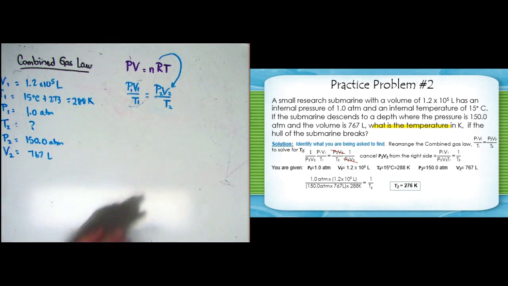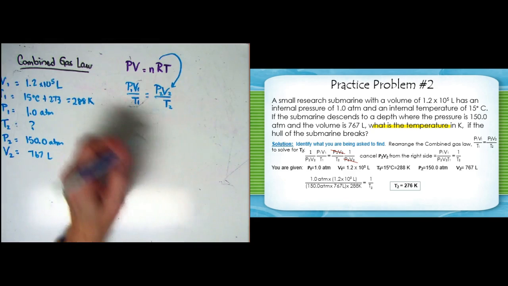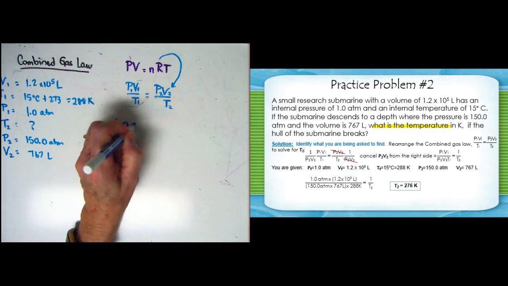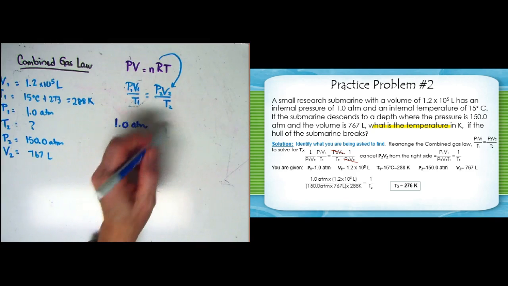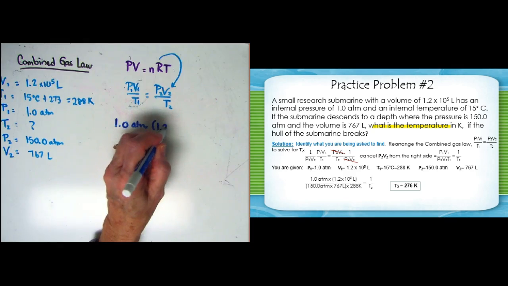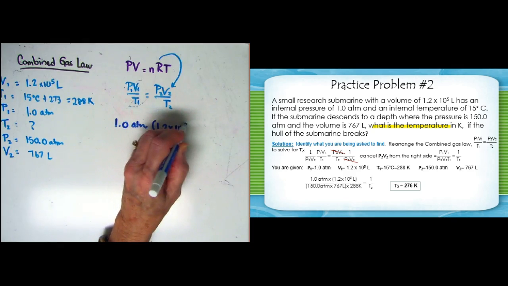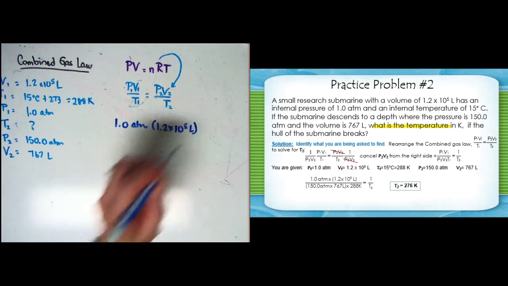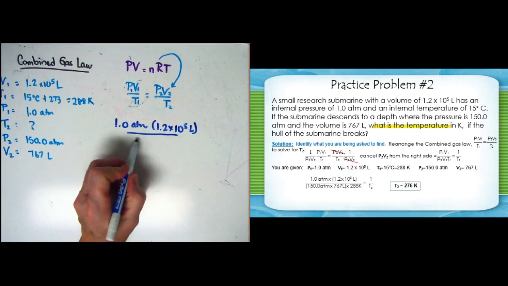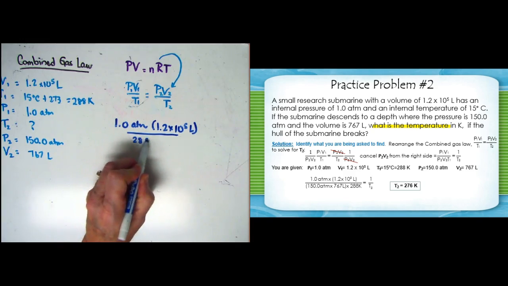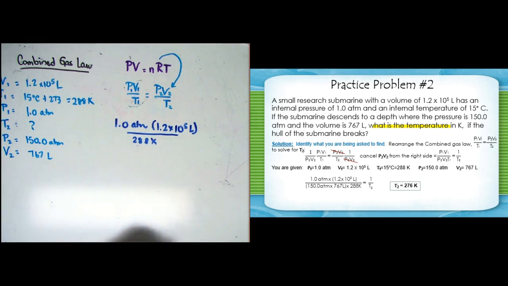So I'm not going to rearrange. I'm just going to put my numbers in so we can see what they look like. P1, 1.0 atmosphere. I'm just looking at my formulas. What's V1? 1.2 times 10 to the 5th liters. What's T1? T1 is 288 Kelvin.